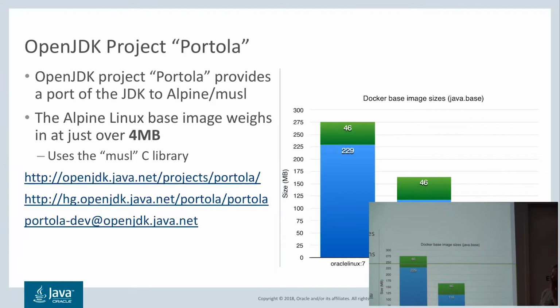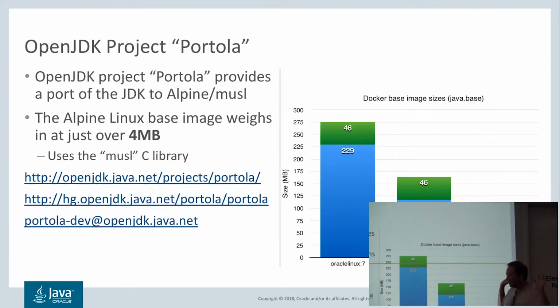We have a project in OpenJDK called Portola. We love puns. By the way, somebody talked about concurrency of fibers. We have a project called Loom, which aims to implement fibers in the JDK. Portola is a valley up in the Bay Area, and Alpine Road leads to Portola Valley.